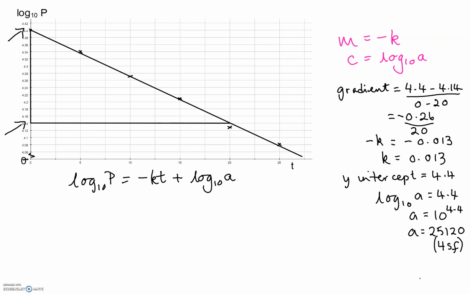So we can now substitute these back into our original equation, which was p equals a times 10 to the minus kt, and we get p equals 25,120 times 10 to the minus 0.013t.